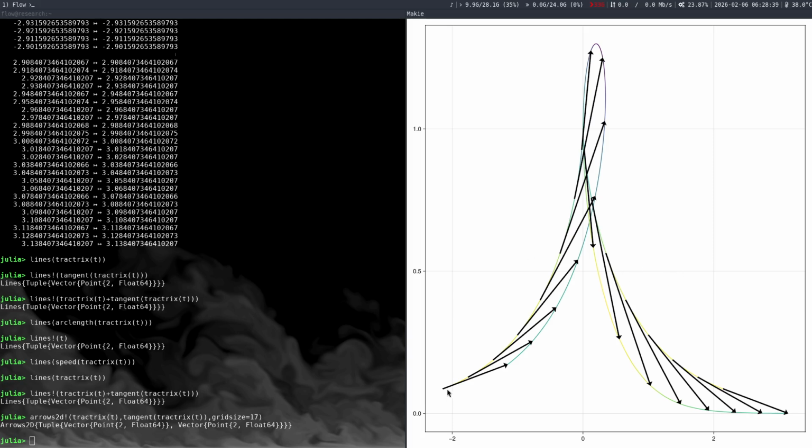So this allows us to see what's going on with these tangent vectors on the curve.